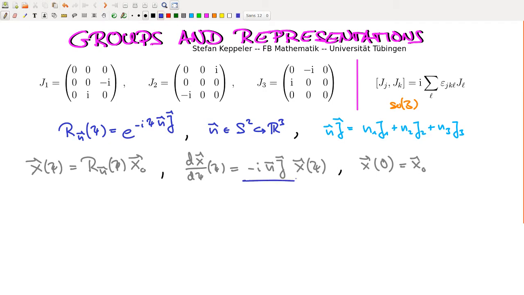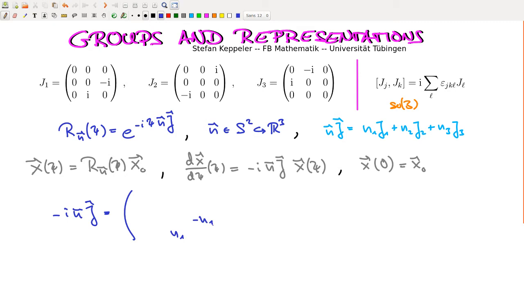Okay, what's this matrix here, minus i times n·J? Well, minus i times J1 gives us a 1 down here and a minus 1 up here, and we have to multiply that with n1. So we have 0, n1 here and minus n1 here.